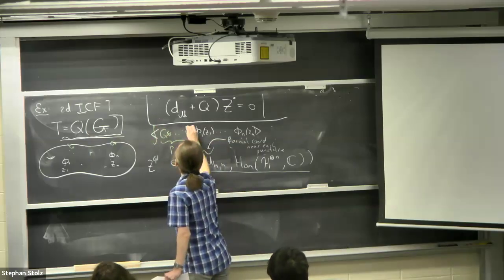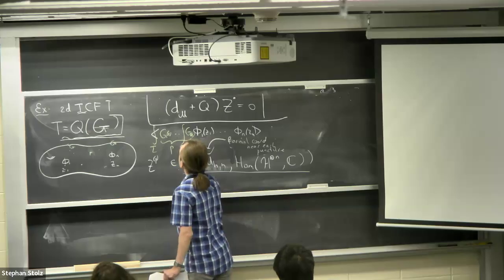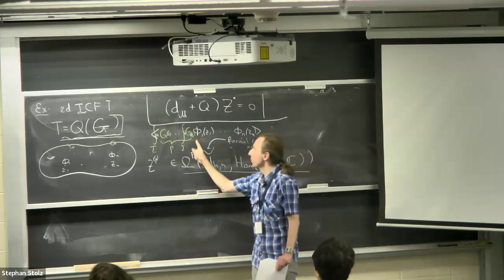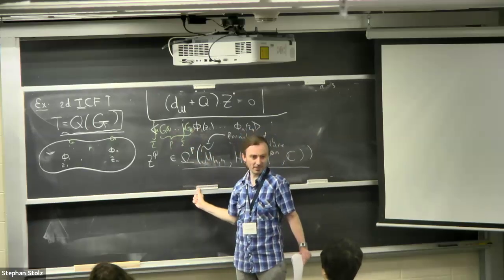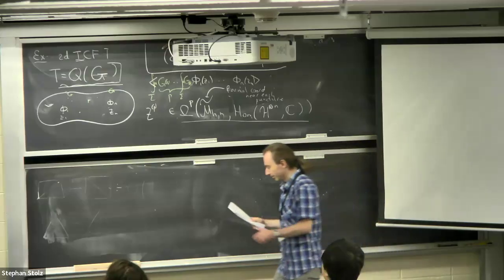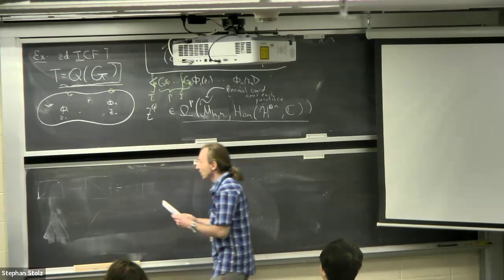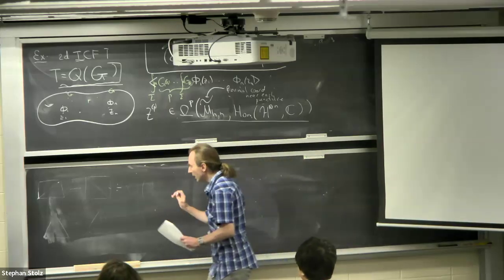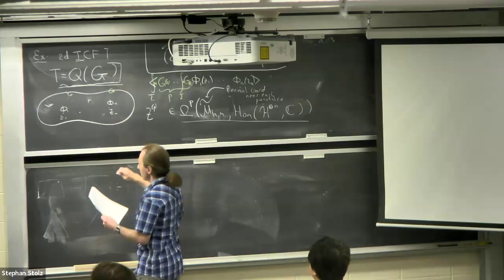So I should integrate over the surface with the Beltrami differential everywhere. The points x are integrated against the Beltrami differential. Good questions. Please do interrupt me.